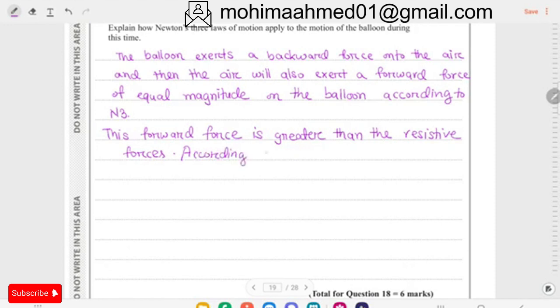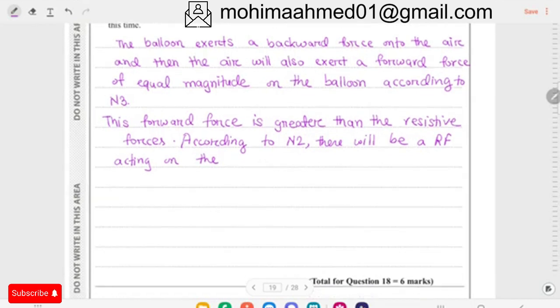So according to Newton's second law, there will be a resultant force acting on the balloon, and whenever there is a resultant force, the object will accelerate, right?